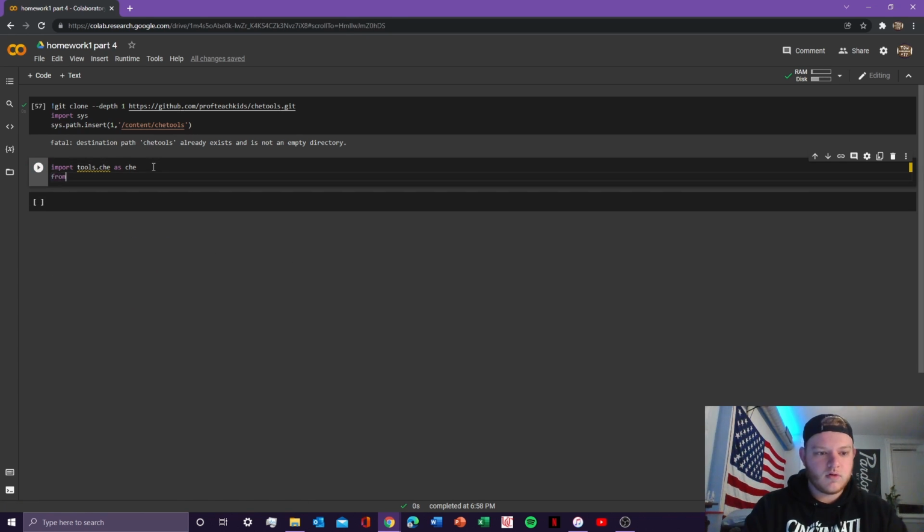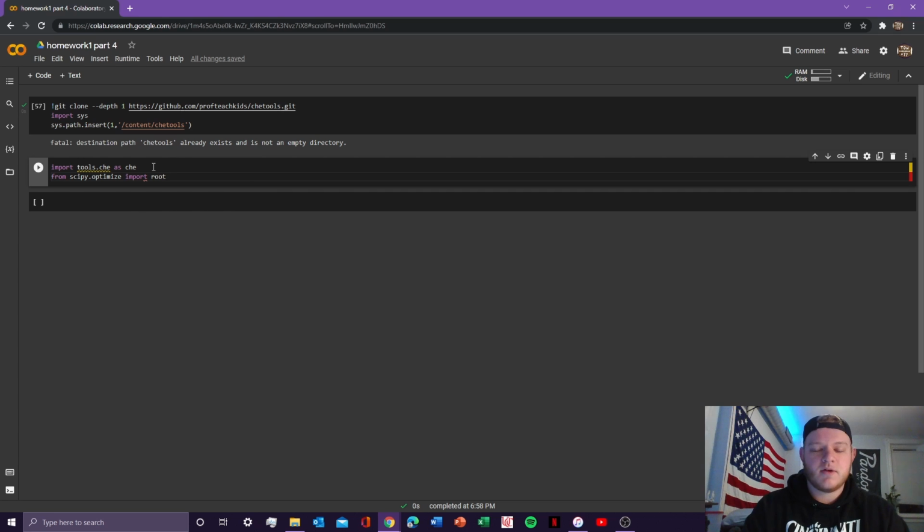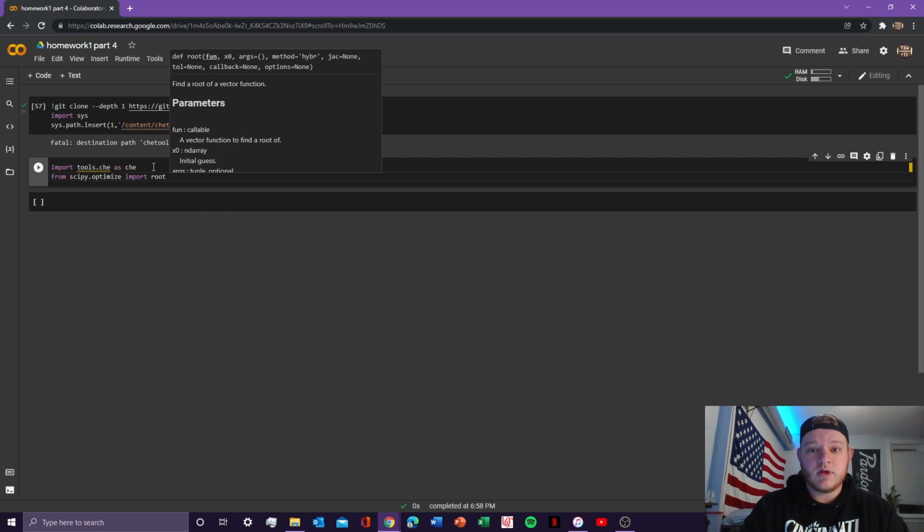And then from scipy.optimize import root. We have to import the root function from scipy.optimize so that when we define our equations, it's going to create a vector, and this root will allow us to pull those two unknowns out of the vector.